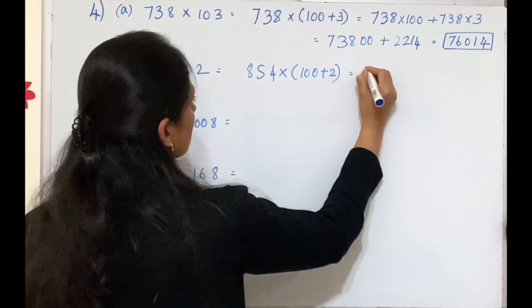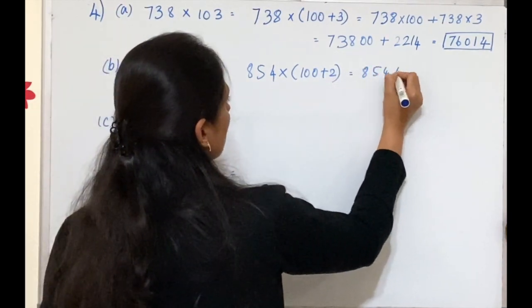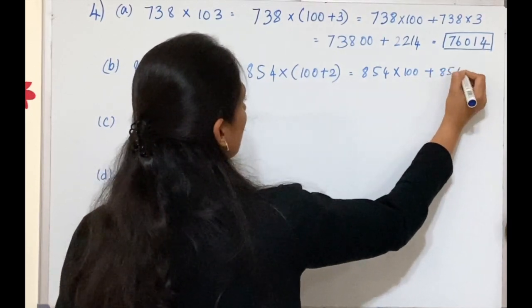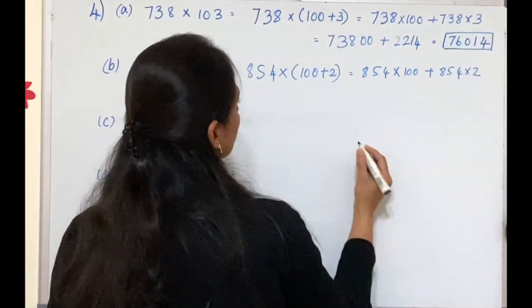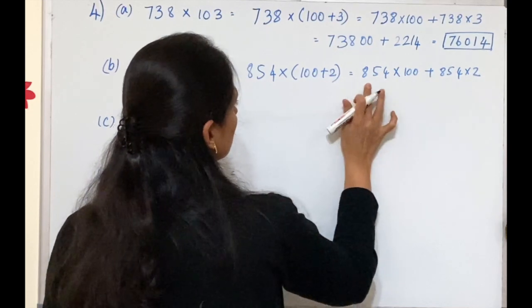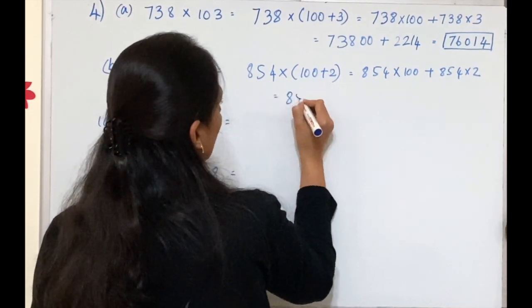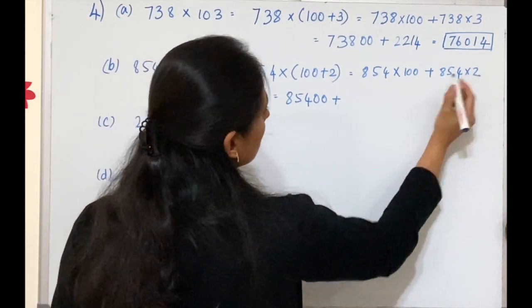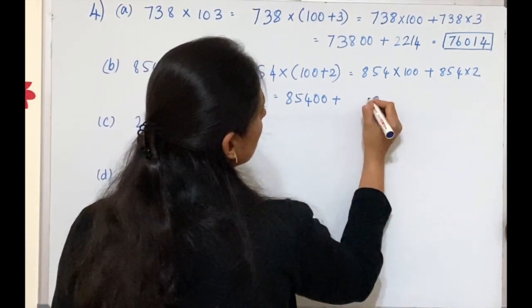So this becomes 854 into 100 plus 854 into 2. This is 85400 plus this into 2 is 8.